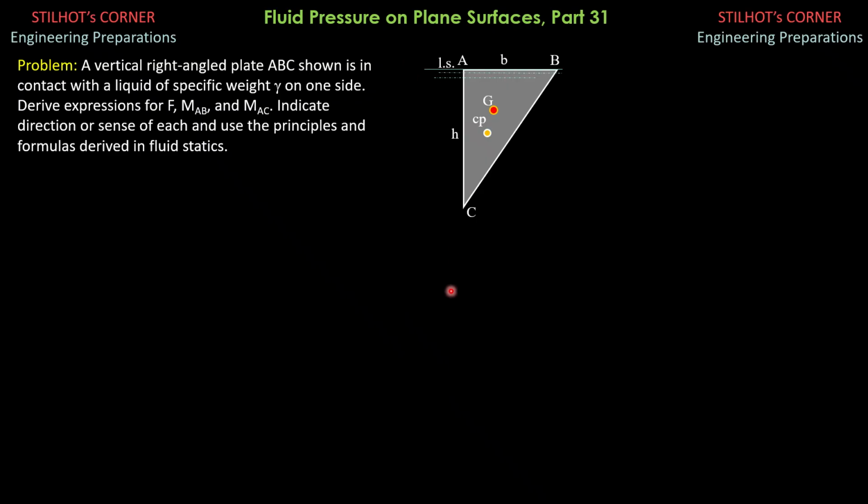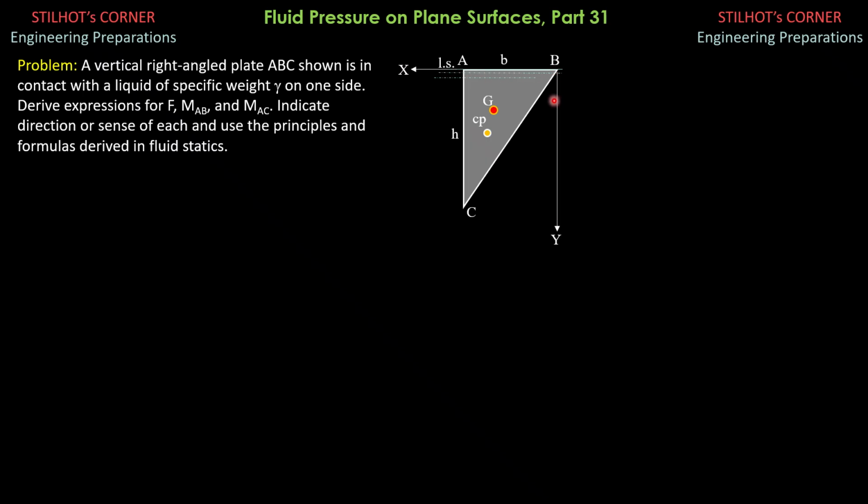You just go over the fluid mechanics and hydraulics lecture videos or solved problems in fluid mechanics and hydraulics. So here's the given, and of course the centroid would be this is B over 3, and that is H over 3. The liquid surface is level with the top edge of the triangular gate.